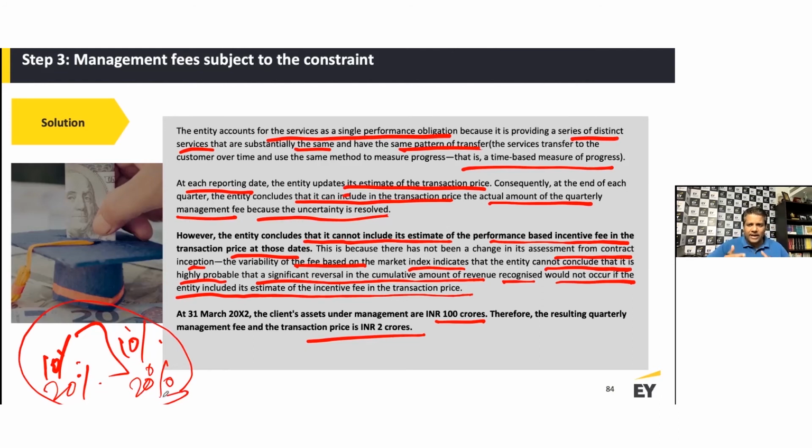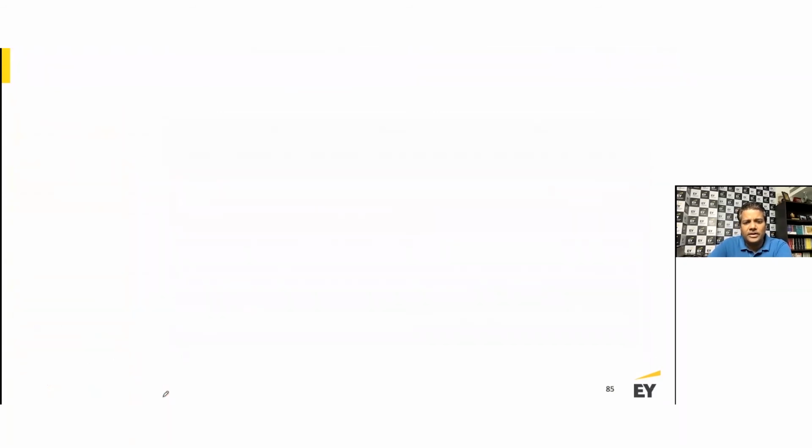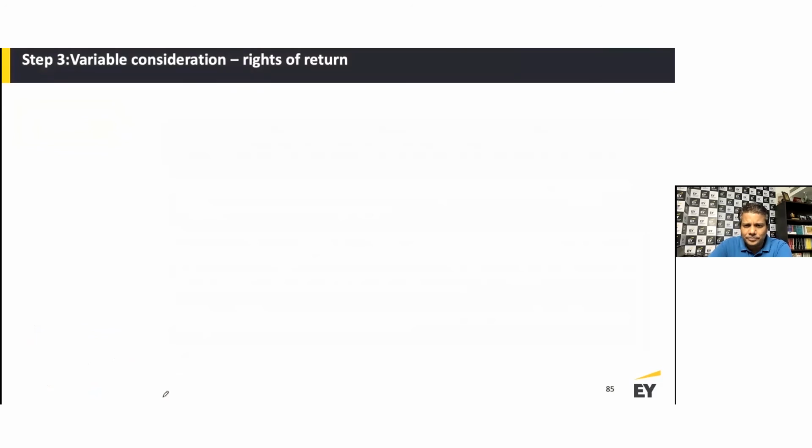Till the time it becomes certain, you're not able to demonstrate a highly probable threshold, with a degree of confidence that there is no likelihood of a revenue reversal in a future period. If that is not achieved, you will not consider that variable consideration for the purpose of revenue recognition.